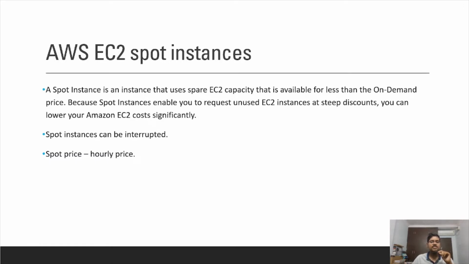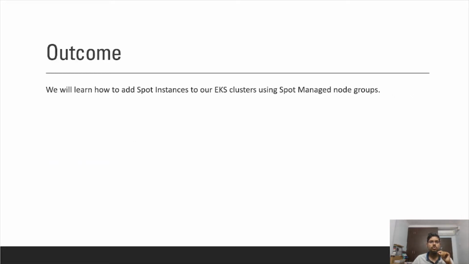Spot instances can be interrupted. What does that mean? Spot instances are a cost-effective choice if you are flexible about when your applications run and your applications can be interrupted. The price of a Spot instance per hour is called the Spot price. So let's get started.